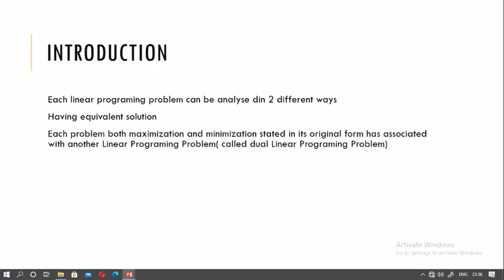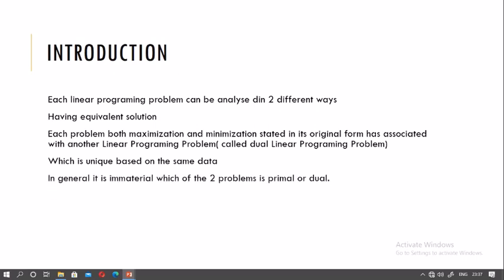Each linear programming problem, both maximization and minimization, stated in its original form, has associated with it another linear programming problem called the dual linear programming problem, or in short you can call it the dual. Now this is unique and it is based on the same data.